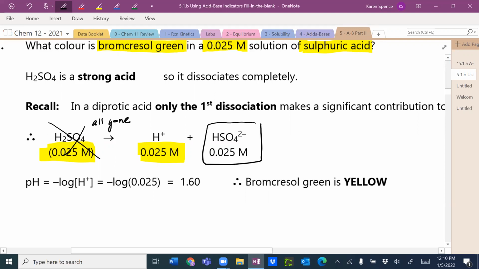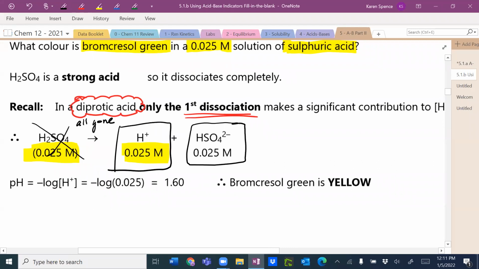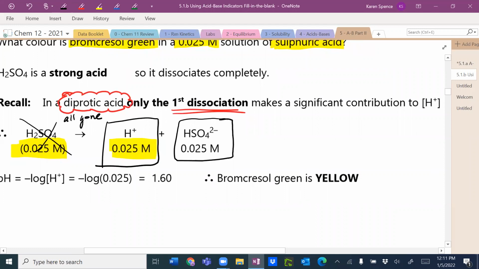And the reason I wanted to use this one as an example is that I wanted to remind you about diprotic acids. It is a diprotic acid, and only the first dissociation makes a significant contribution towards the hydrogen ion concentration.